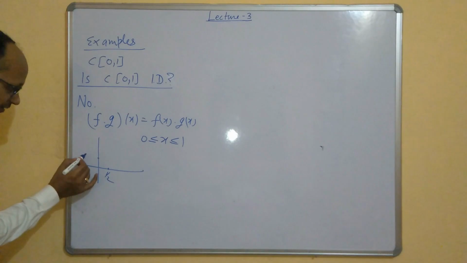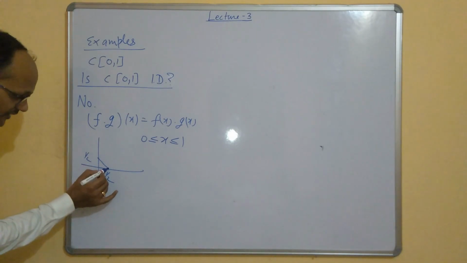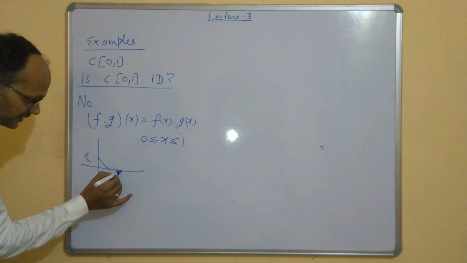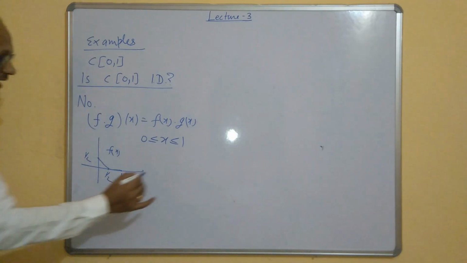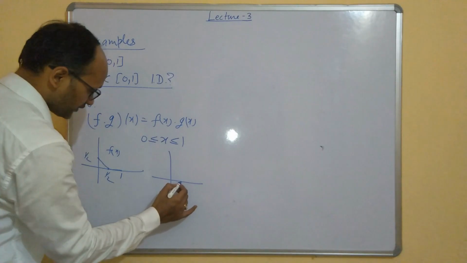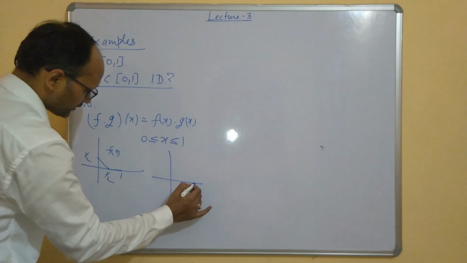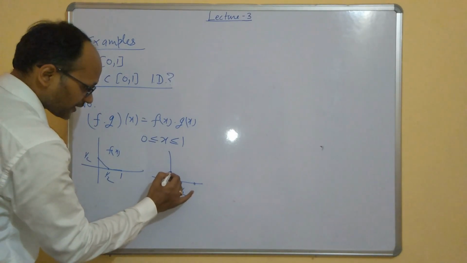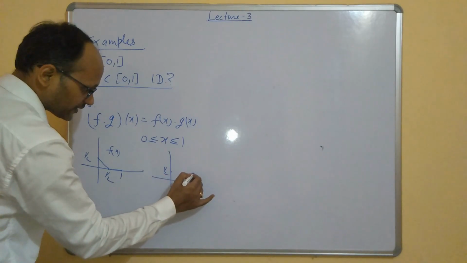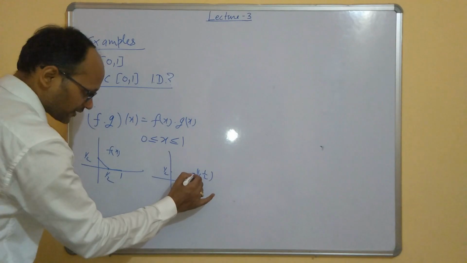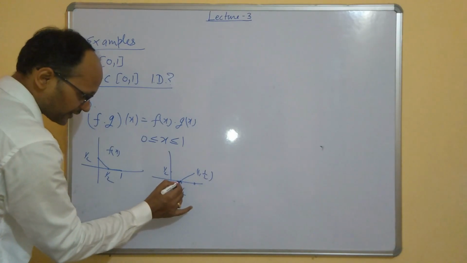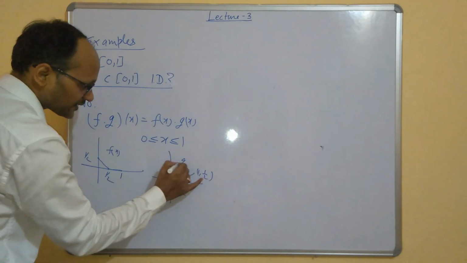There may be several such examples of functions. Suppose this is the graph of f(x), and suppose I take another function, with the point 1/2, and otherwise this function is 0. Suppose this is the graph of g(x).